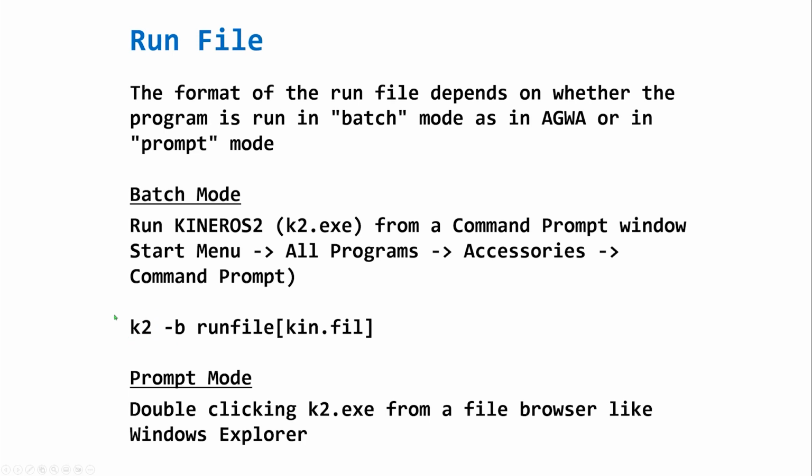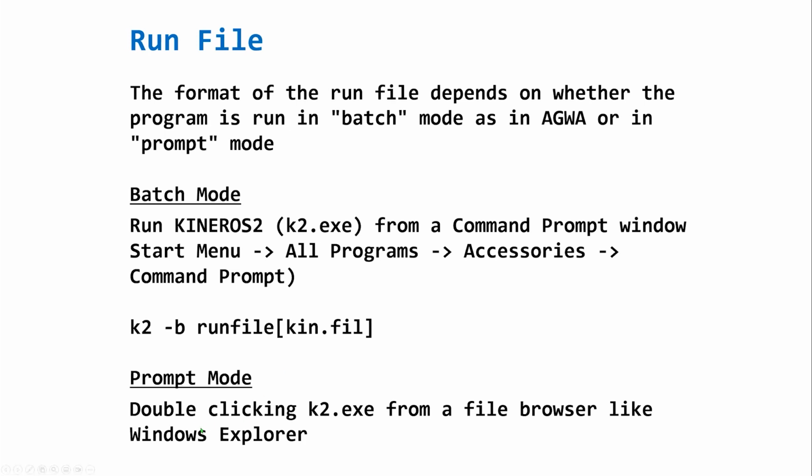So K2, the executable, -B means it's a batch file, and the files, parameter file, input file, are in a run file. And this way you don't have to type in the names of the parameter file and the input file.